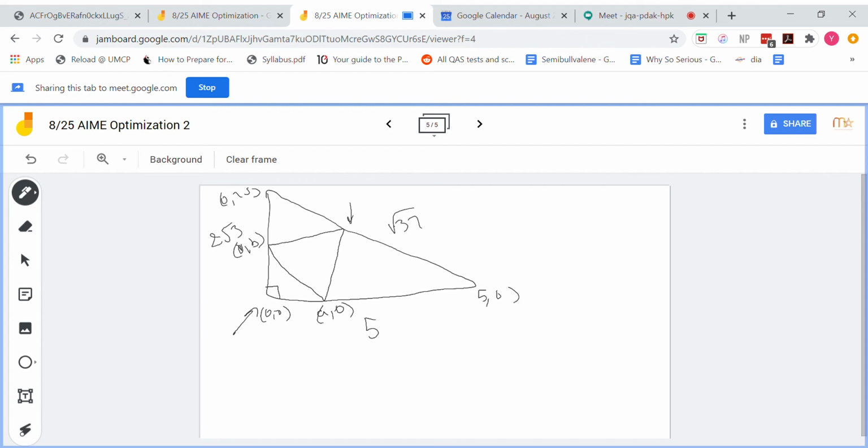But if you guys remember back to our class on complex geometry, equilateral triangles are very tough to deal with in coordinates, but they're very easy to deal with in the complex plane, because all the angles are 60 degrees, and it's easy to rotate things in the complex plane.